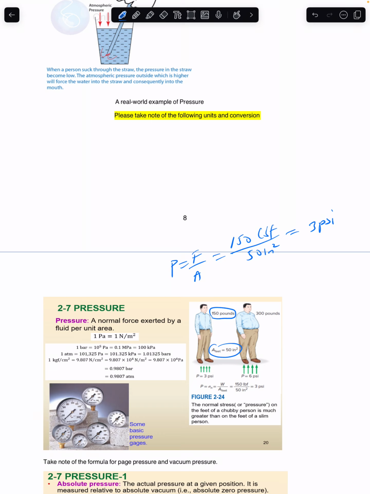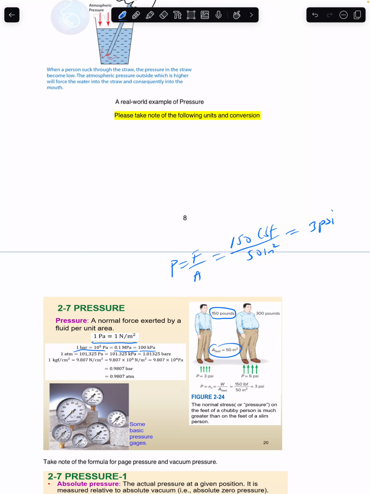And because units are very important, because we need to use the right unit, we could talk about units as such. 1 Pascal is equal to 1 Newton per meter square. 1 bar is equal to 10 to the power 5 Pascal and is equal to 0.1 megapascal and is equal to 100 kilopascal.